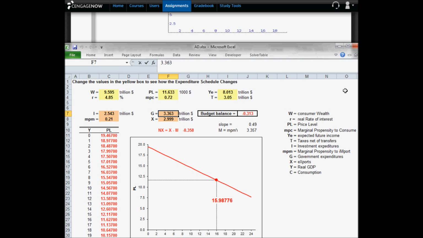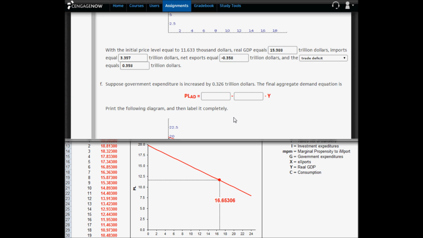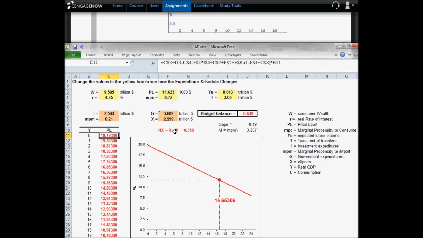So this is the old government spending level. Congress and the President have increased it by $0.326 trillion. So the new level of government spending is $3.689 trillion. So the new intercept is this value right here.